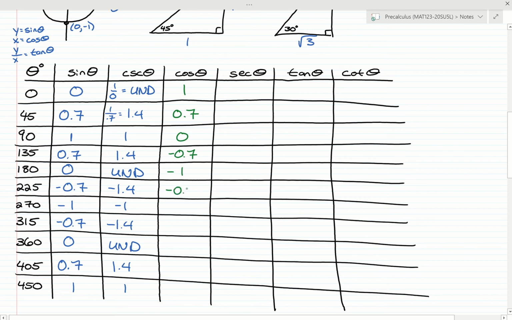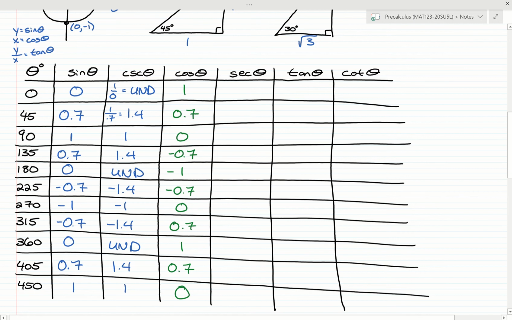Then -0.7. 0. At 315, if you drew your special triangle and you figured out the cosine of that angle, it would be 0.7. Cosine of 360 is 1. Cosine of 405 is 0.7. And cosine of 450 would be 0.